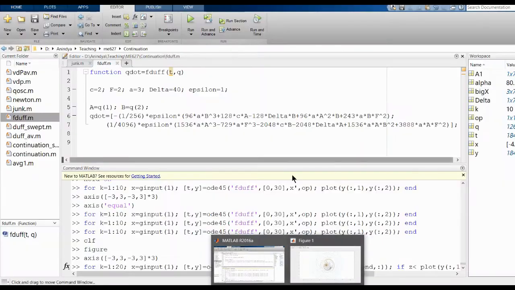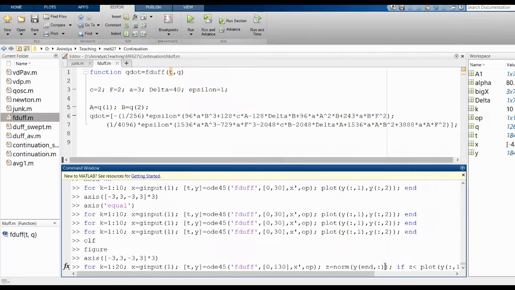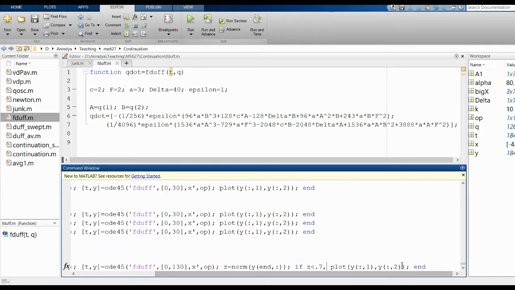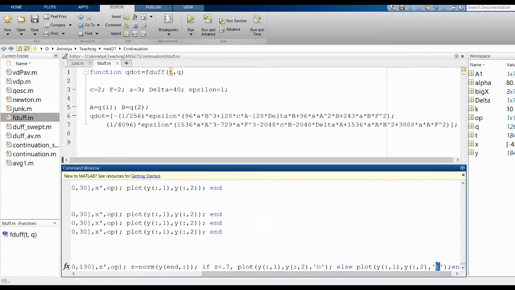Oh, come on, here it went off. If Z is less than, I have to put a number here, and now I'm not sure what to put. So 0.7. Plot this one with B, else plot it with red, end.